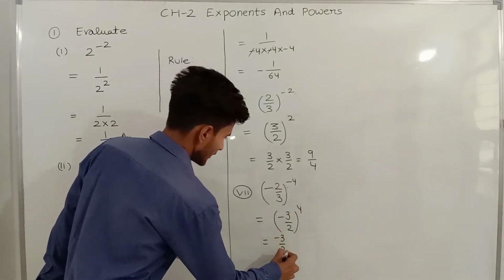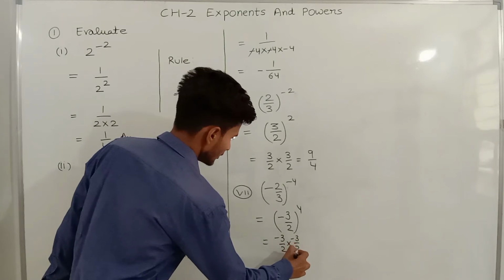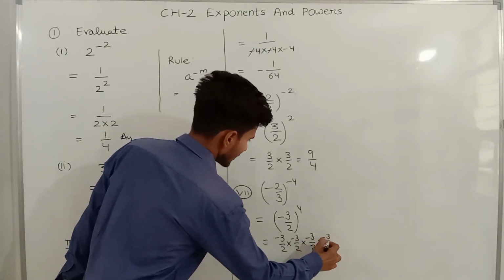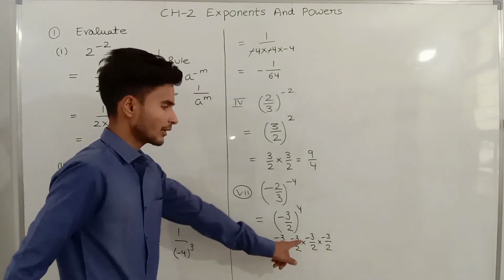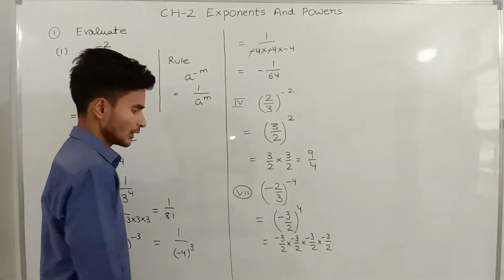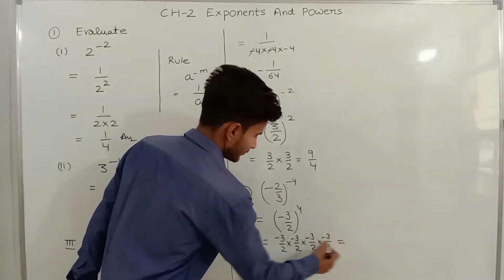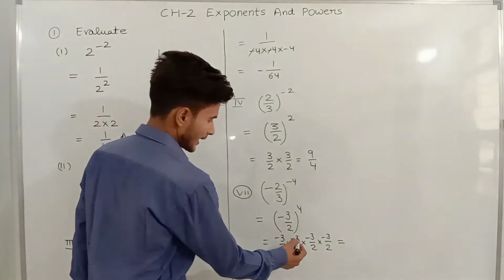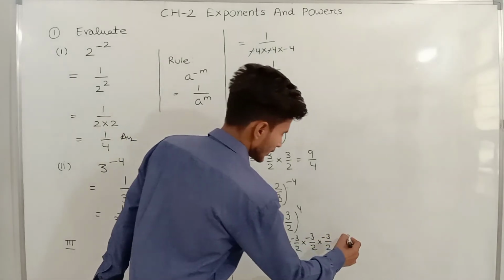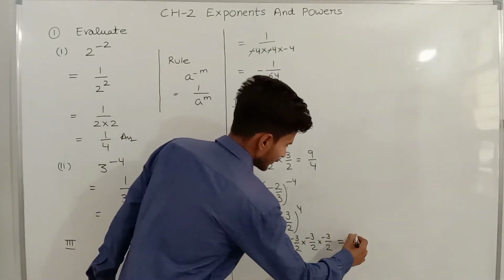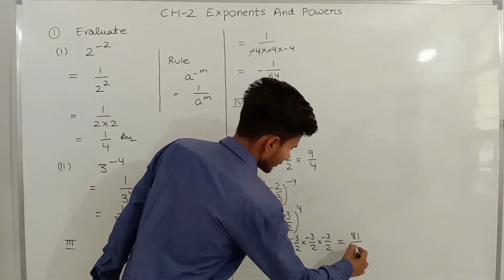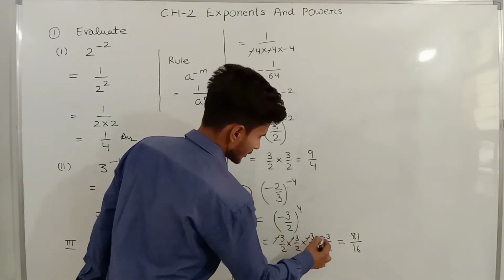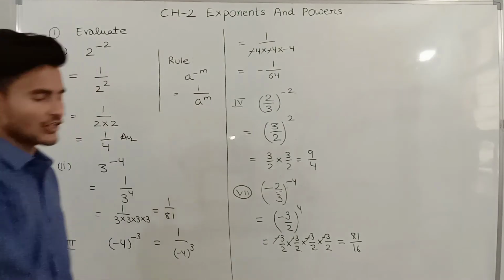That is -3 by 2 into -3 by 2 into -3 by 2 into -3 by 2. You have to write it 4 times because power is 4. Then solve it. Can we cancel? No, so we have to multiply it. 3 3s are 9, 3 9s are 27, 3 27s are 81. 81 upon 16. And minus minus cancelled, and here also it is cancelled. So the answer is 81 upon 16.